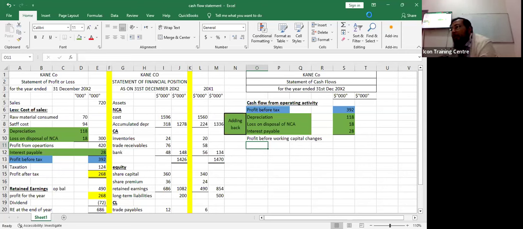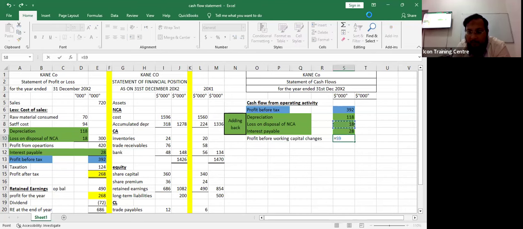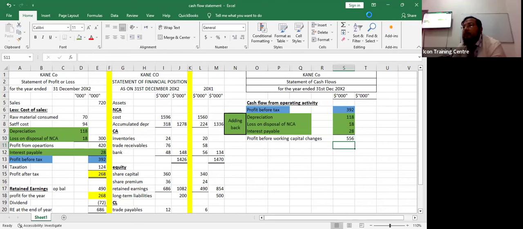Regarding the interest, we didn't make any payments, we'll add back. So this is profit before working capital changes. And how much is that? You will add everything. It's 556, right?